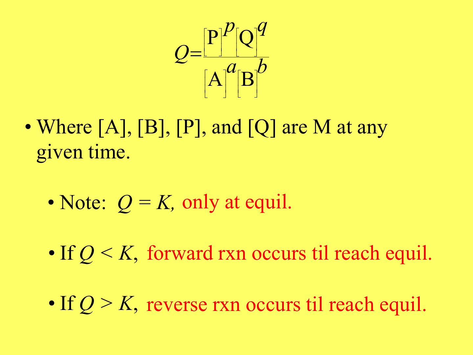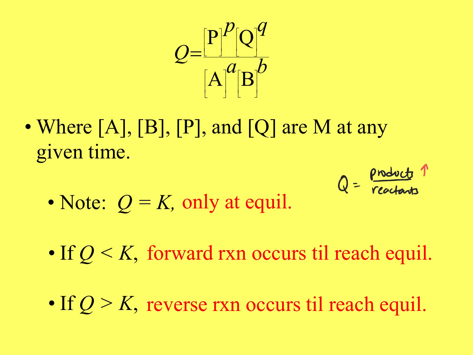So if Q is less than K, and remember that Q, just like K, is product over reactant, which means Q is too small, that means we have to increase the numerator, which in this case would be the product. So that means that the forward reaction will occur, the reaction mixture is going to make more product until equilibrium has been reached.